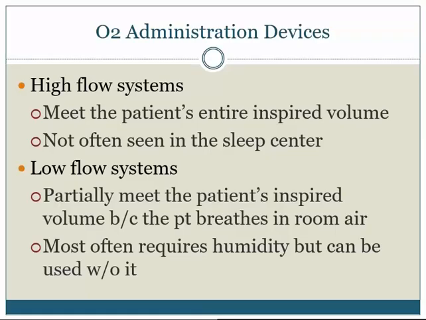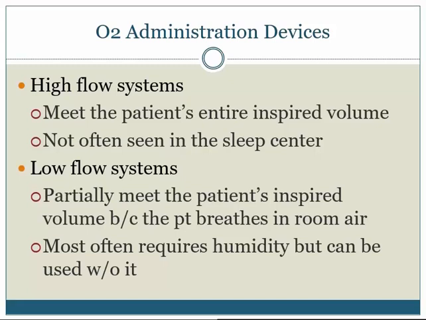There are other high flow systems. There are different types of systems that you'll see patients on in terms of how they receive their supplemental oxygen. High flow systems meet the patient's entire inspired volume of air, so they're not breathing in room air at all; it's all delivered for them. Not really typically seen in the sleep lab. Typically what we'll see is the low flow systems.